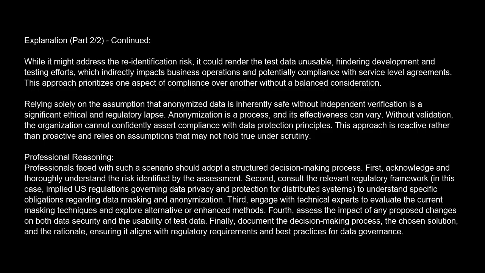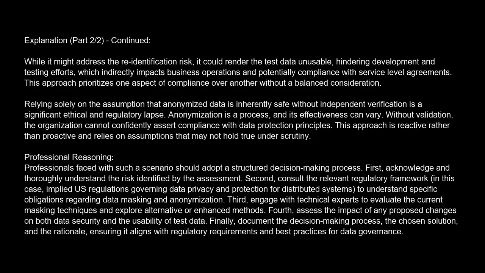Professional reasoning. Professionals faced with such a scenario should adopt a structured decision-making process. First, acknowledge and thoroughly understand the risk identified by the assessment. Second, consult the relevant regulatory framework. In this case, implied U.S. regulations governing data privacy and protection for distributed systems, to understand specific obligations regarding data masking and anonymization.